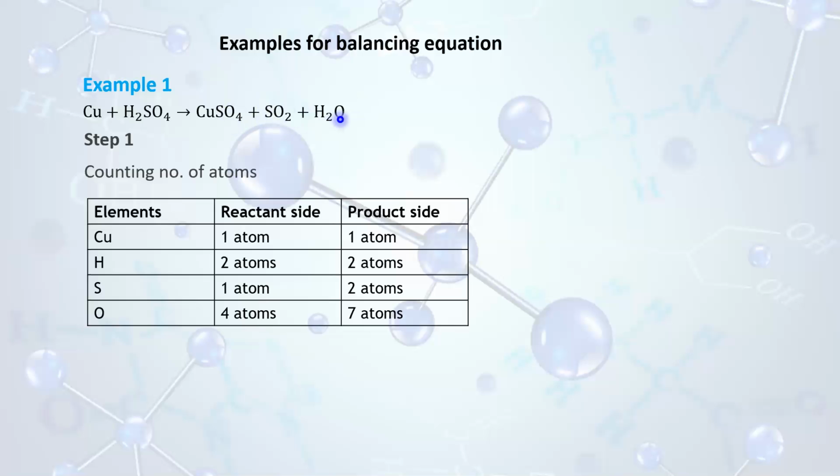And here 1 oxygen atom. So total 4 plus 2, 6 plus 1, 7 oxygen atoms on the product side. So this is the first step, making the table. Move to the second step.